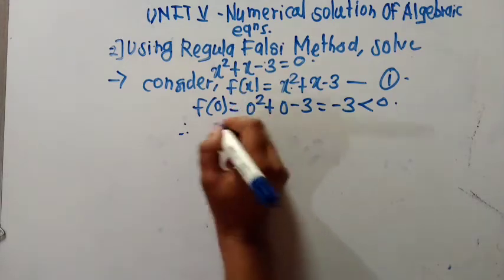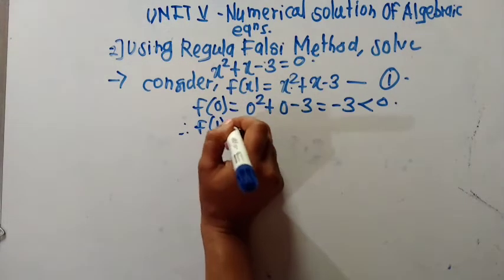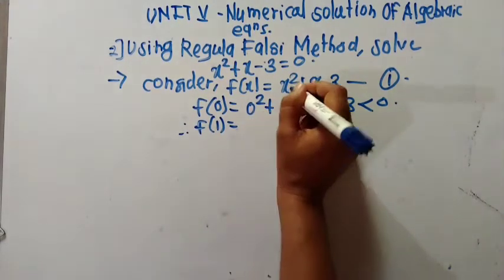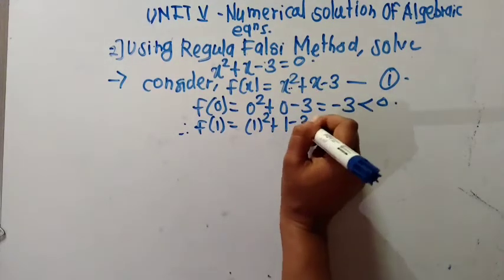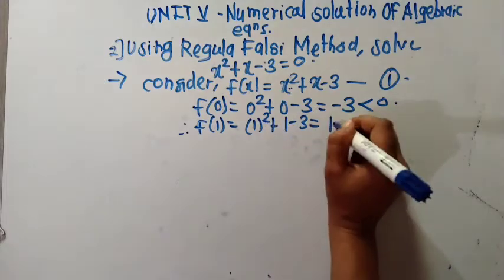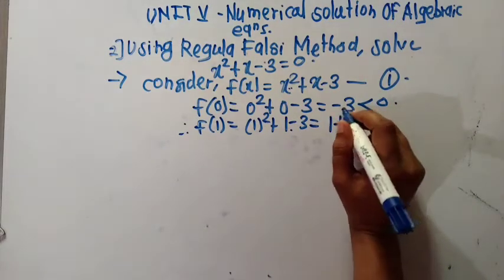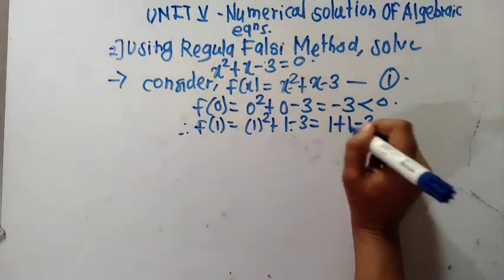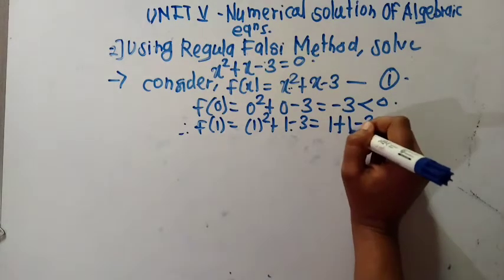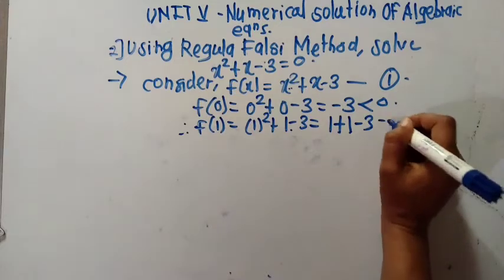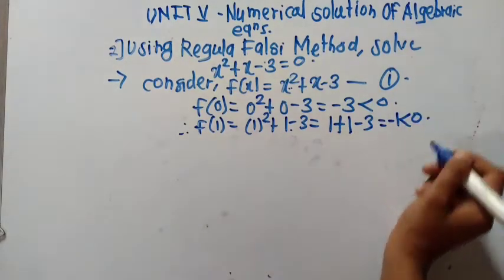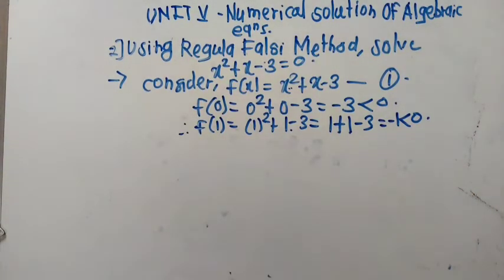Then find out f of 1, which is equal to 1 square plus 1 minus 3. So 1 square is 1, plus 1 minus 3, is minus 1, which is less than 0.